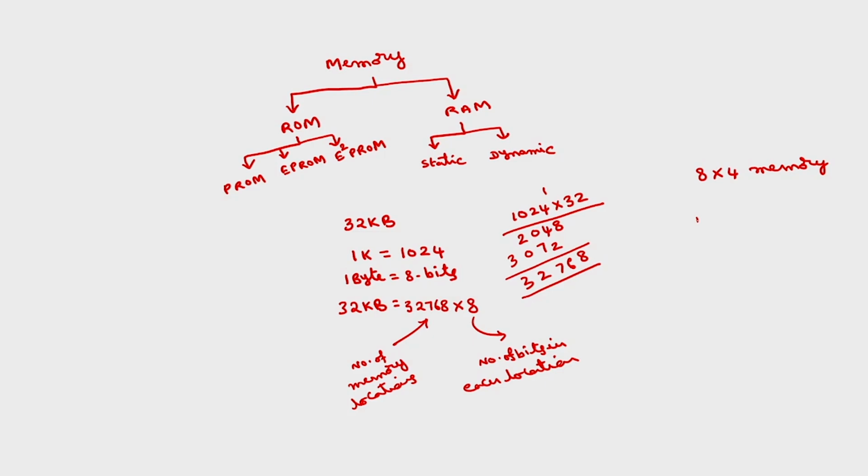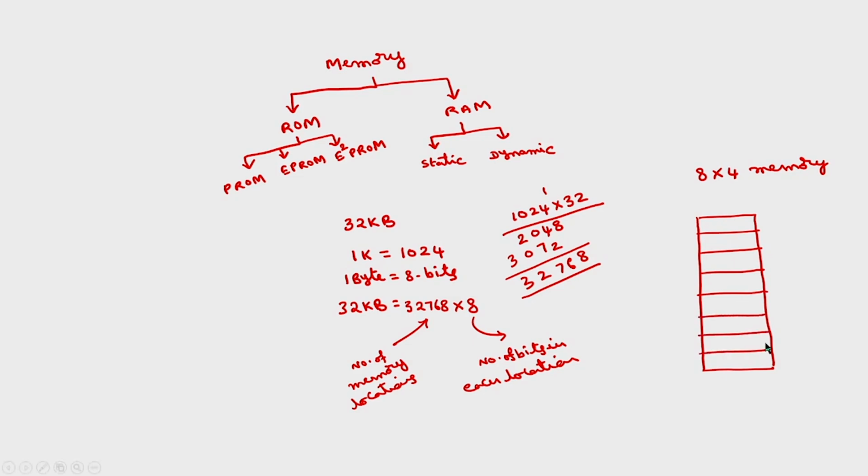It means we have 8 locations, one, 2, 3, 4, 5, 6, 7, 8, and each location is capable of storing 4 bits of information. Each bit can be 0 or 1. So, there are a total of 8 locations. To number the 8 locations, how many bits are required?